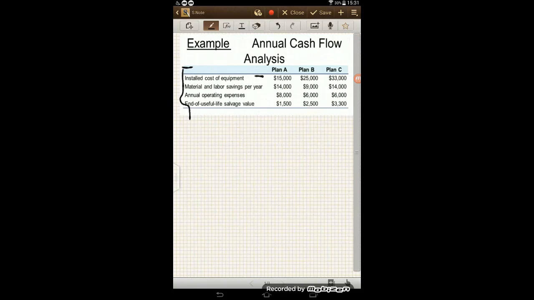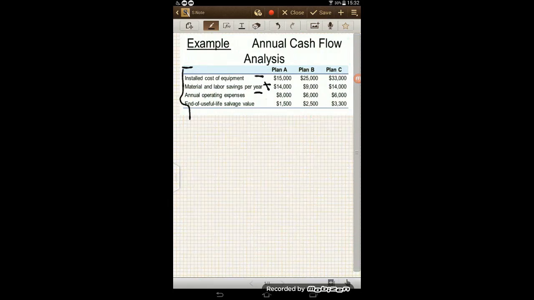Then material and labor savings per year, which is saving, so it's gonna make us earn benefit from this option, so it's gonna be positive. And annual operating expenses, it's expense, we are gonna spend, so it's gonna be minus again.